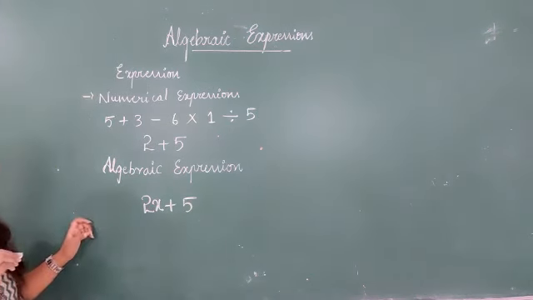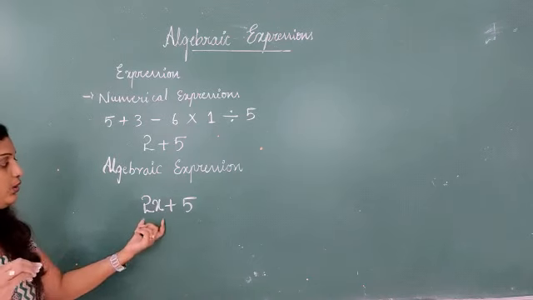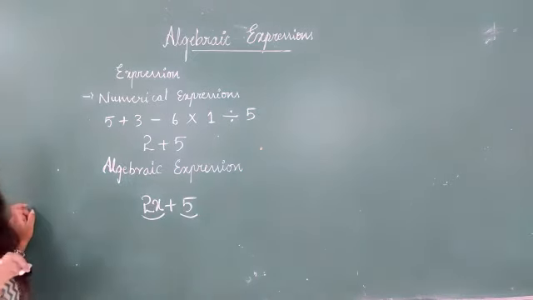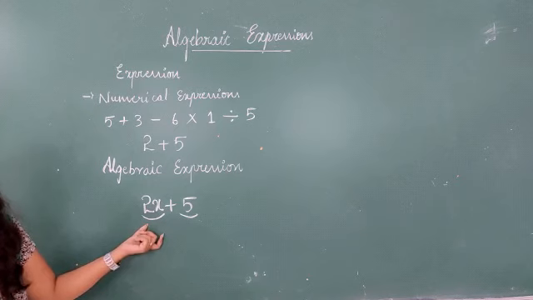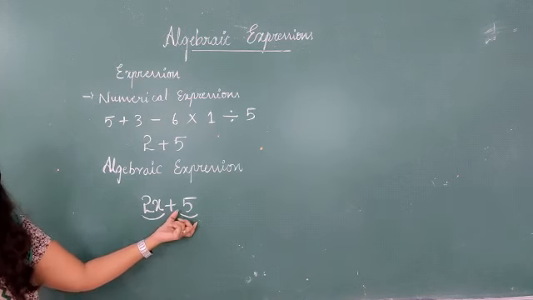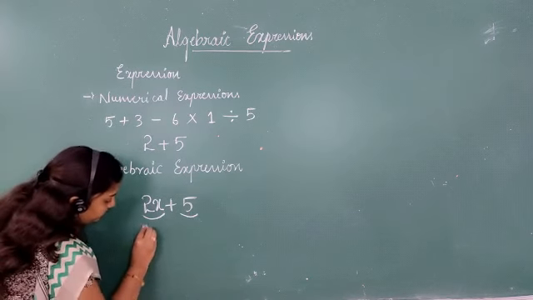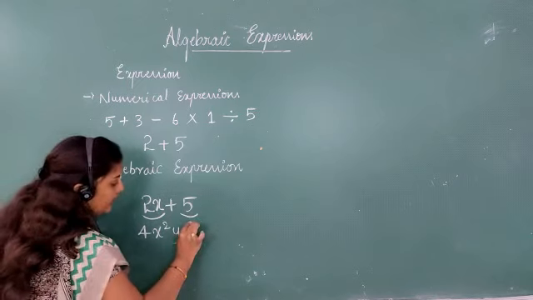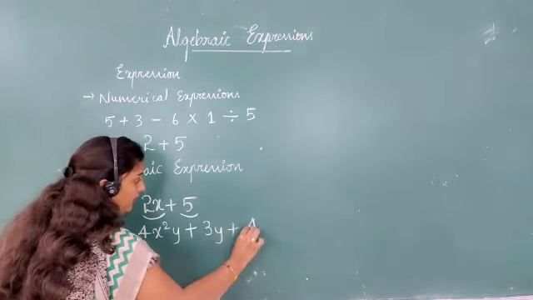In an algebraic expression it is divided into parts. Here you can observe it is divided into two parts. This is the first part and this is the second part. Each part is called a term of an algebraic expression. I will take one more example: 4x square y plus 3y plus 4.